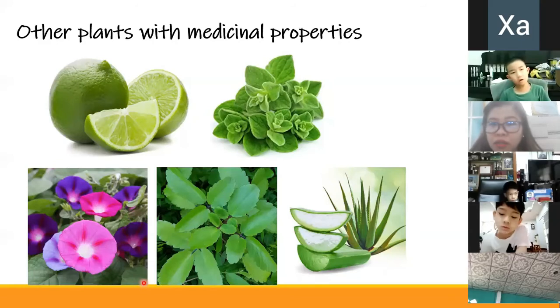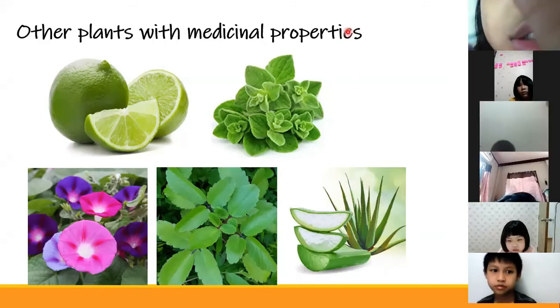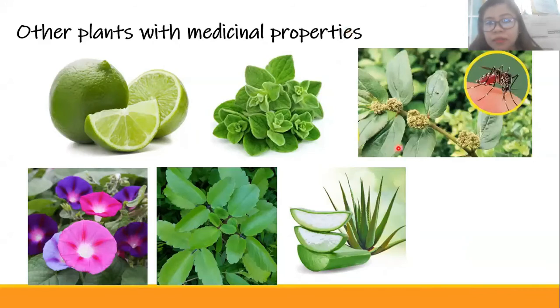Who among you saw this one? No? Maybe in some areas in Thailand. And we also have what we call the asthma plant. In the Philippines, we boil this plant and drink the water from it to help us fight dengue.